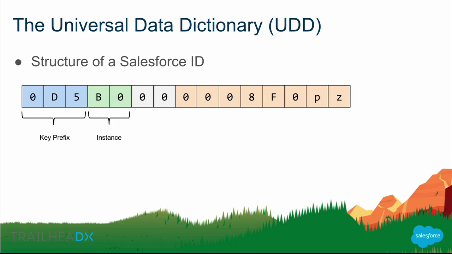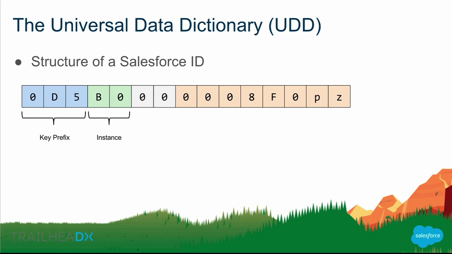The next bit is which instance. Remember how I said there's these 100 different instances that are these groups of services? Which one are you on? Now, this is a bit of a trick here, because this doesn't actually mean which one are you on. It means which one was this record created on, because your tenant can actually move from instance to instance, right? This happens during instance refreshes, it happens during org migrations, various other things, right? And so why is this there if it's not actually telling you which instance you're really on?